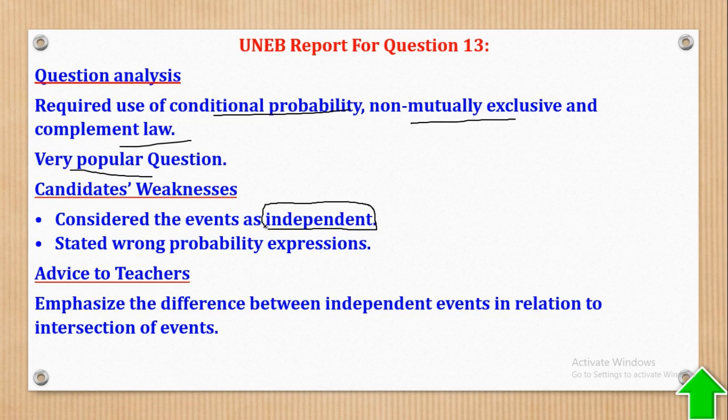The only thing you can use is set theory or contingency table. Then two is that they stated wrong probability expressions, especially probability of A union B. Instead of saying minus probability of A intersection B, they are saying plus A intersection B. So advice to teachers to emphasize the difference between independent events in relation to intersection of events.